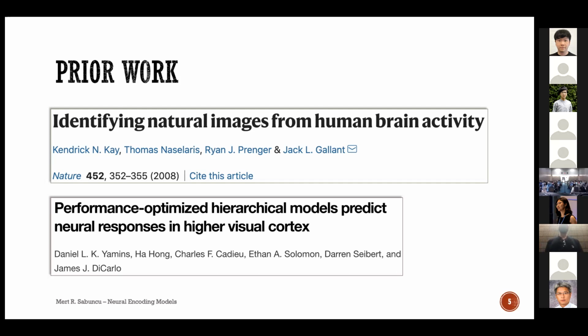And then there was more recently some work by Jim DiCarlo at MIT and his students, Dan Yamins in particular, who applied more modern neural network style techniques to the encoding problem.